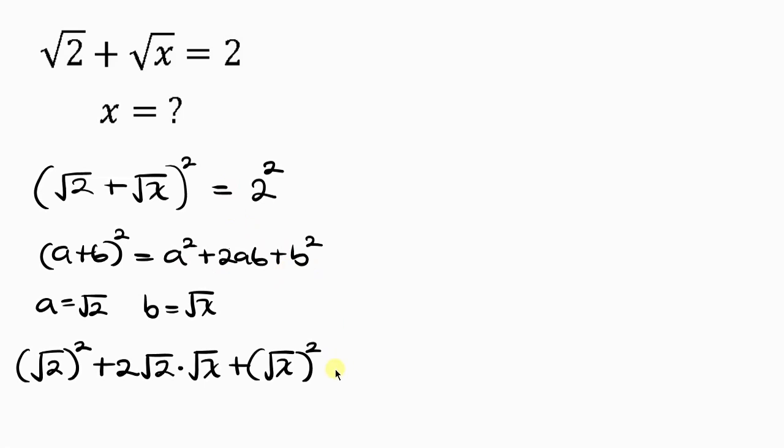And this is equal to 2 squared, which is 4. Now notice that the square can cancel off the square root, leaving behind 2 plus 2. Now this is the square root of 2 times the square root of x.